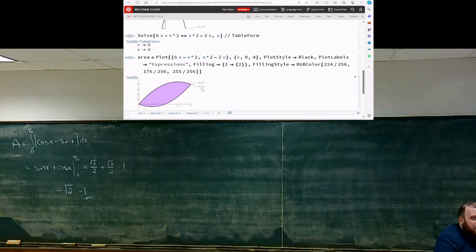If you didn't have the plot, how would you determine the larger function? Some values from the region. Just pick a random value in your interval, plug it into both, whichever one's larger is your larger function. Because remember, we already found where they intersect.